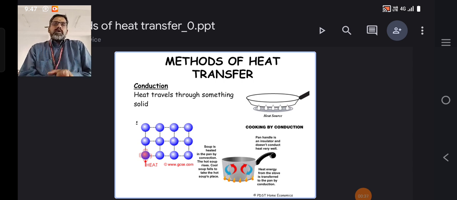Before we go to this topic, heat transfer is the main part of all the petrochemical industries and refineries. Even in small scale industries, it is very important. Chemical industries, the sugar industry, cement industries, mostly all industries need heat transfer.